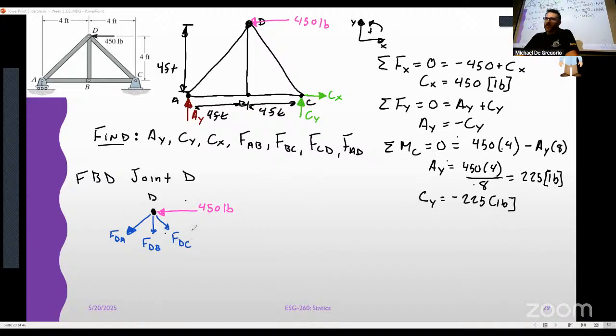Three unknowns. I have two equations. It's not going to work out for me. Joint D is not a great place for us to start. We're going to hold that FBD and we'll move to a different spot.